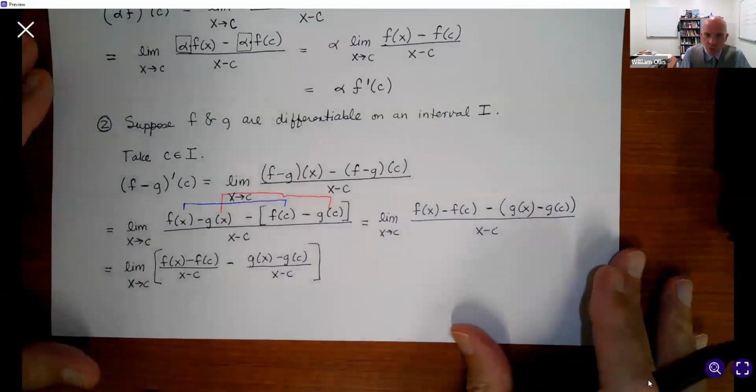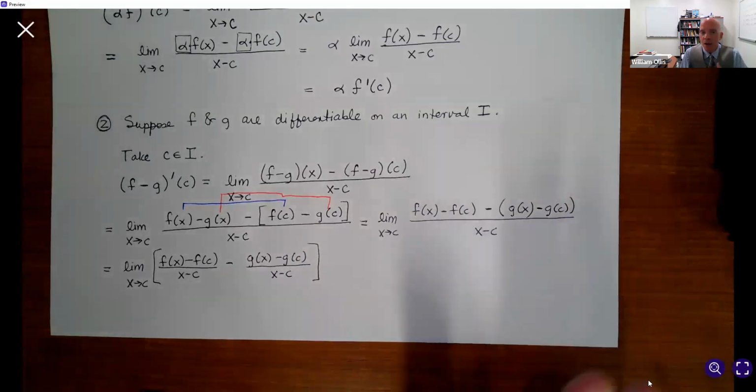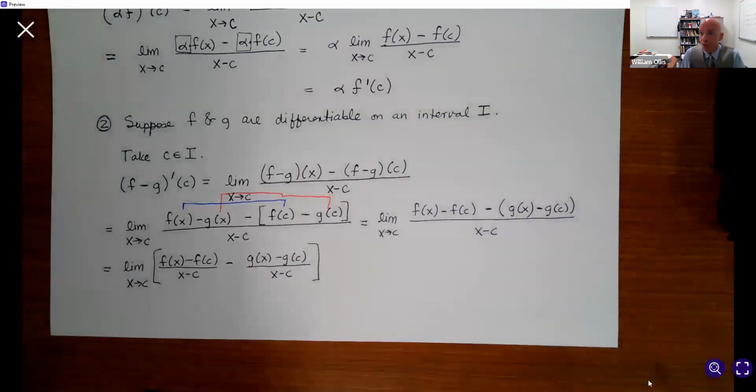So these are good examples of using the properties of limits and then also using the definition of derivative that help you to be more confident with your calculations.